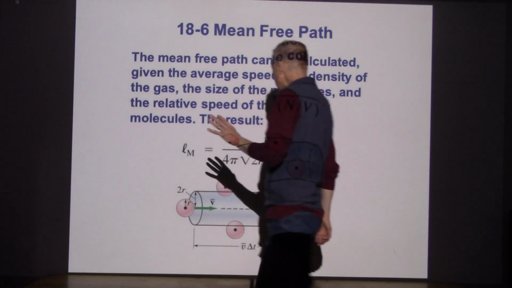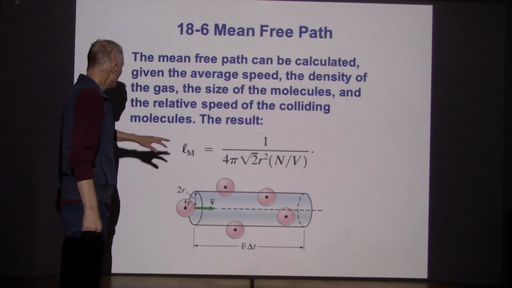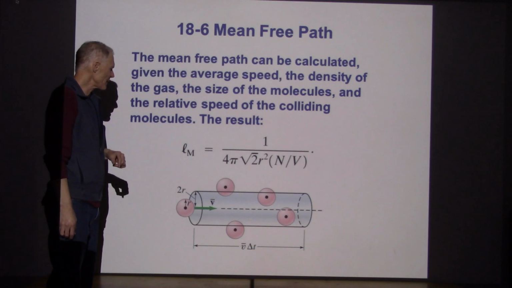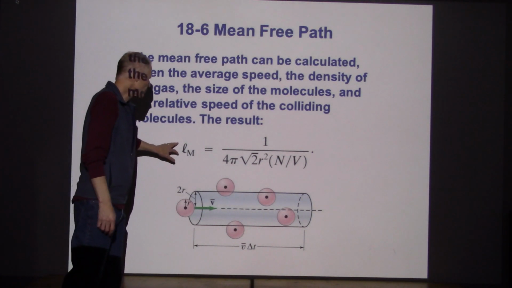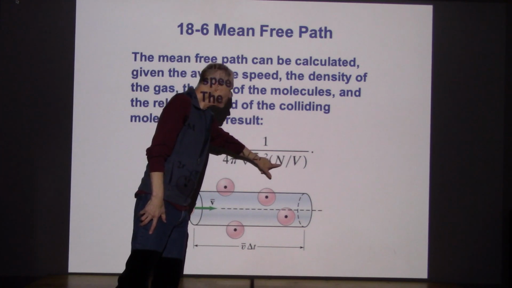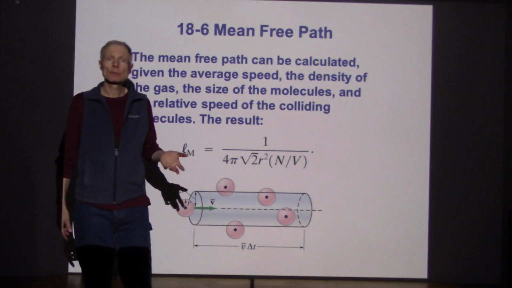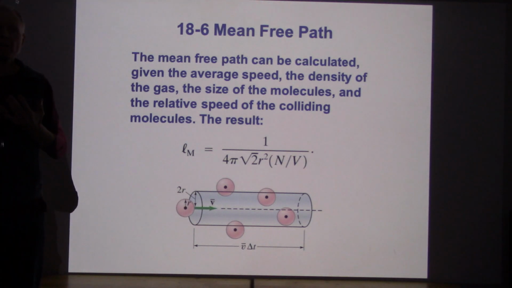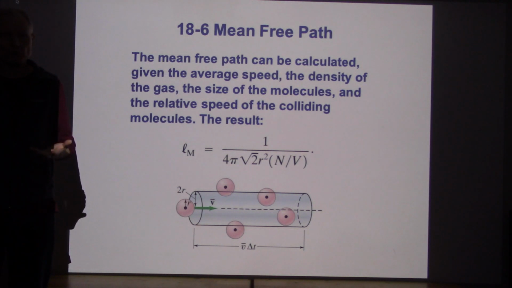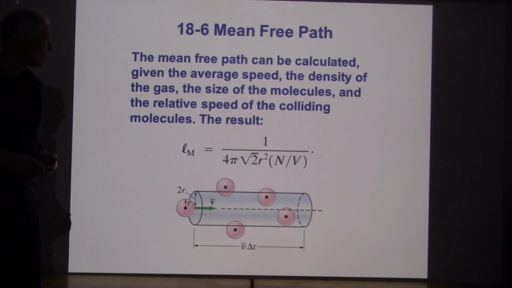So the derivation works something like this, and again, this is the formula that we've come up with. As far as calculating the mean-free path for a molecule, what we need to know is how many molecules per volume do we have? I want to be able to calculate the number of molecules per volume for a particular situation.